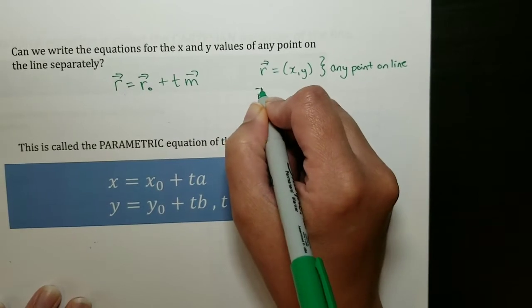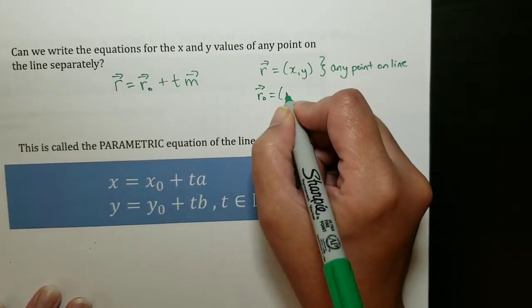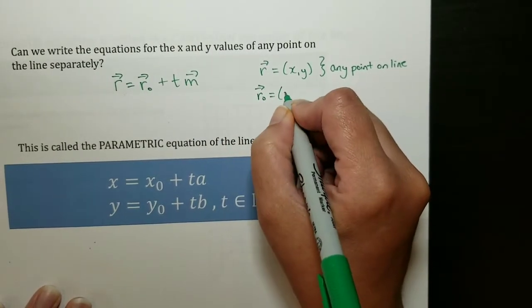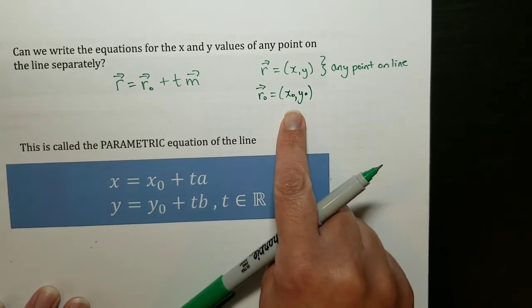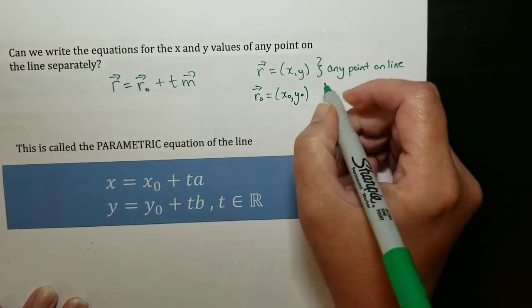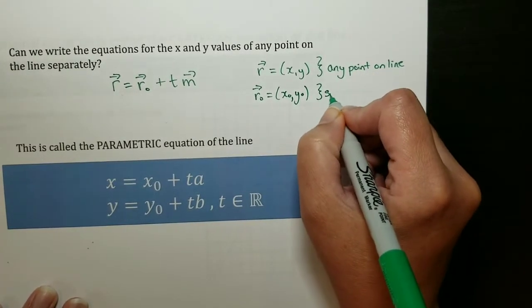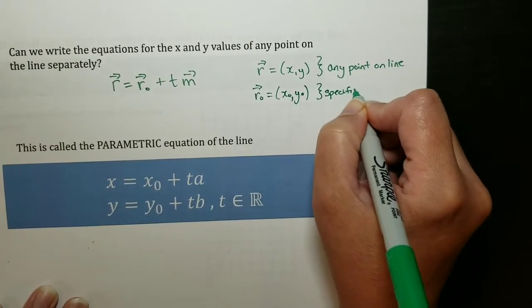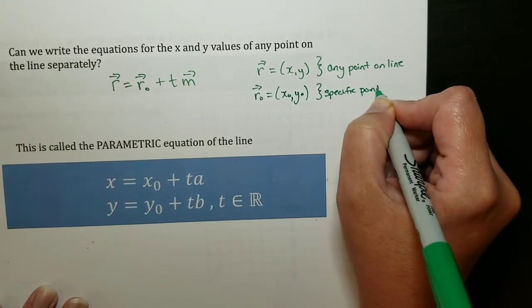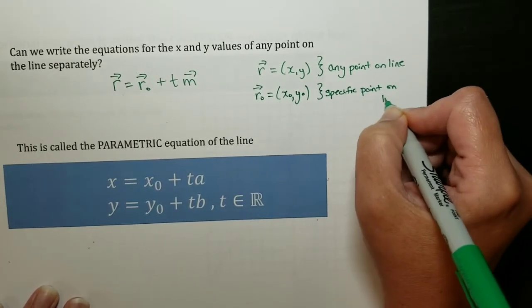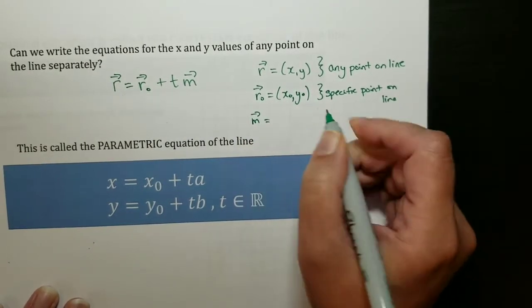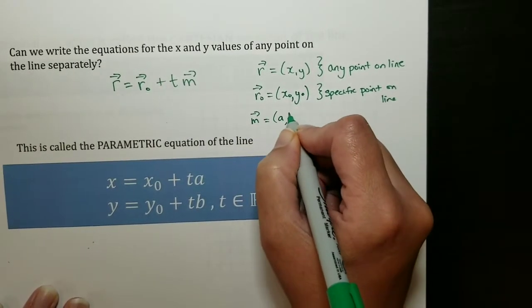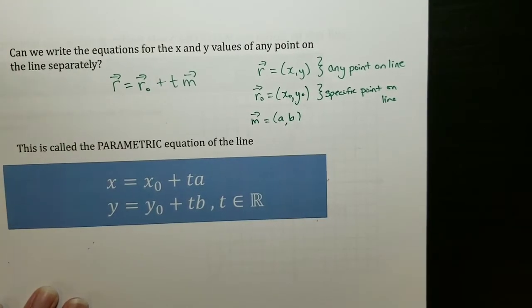And r naught is the position vector of getting to a point on the line. So this is a specific point on the line. And m is the direction of the line, and we use a, b as the components there.